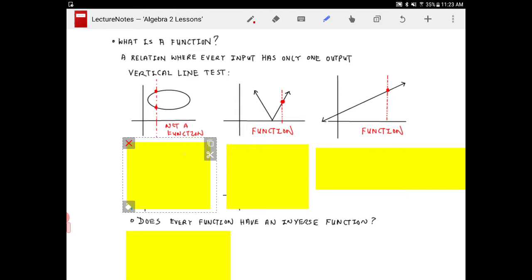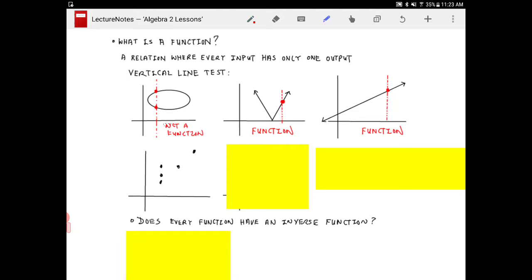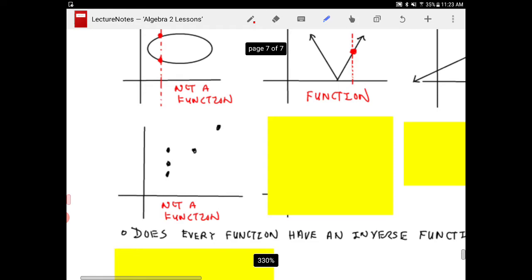What about this guy? Can a set of ordered pairs like this be considered a function? Well, in this case, this is actually not going to be a function. It's not a function not because the points are not connected.